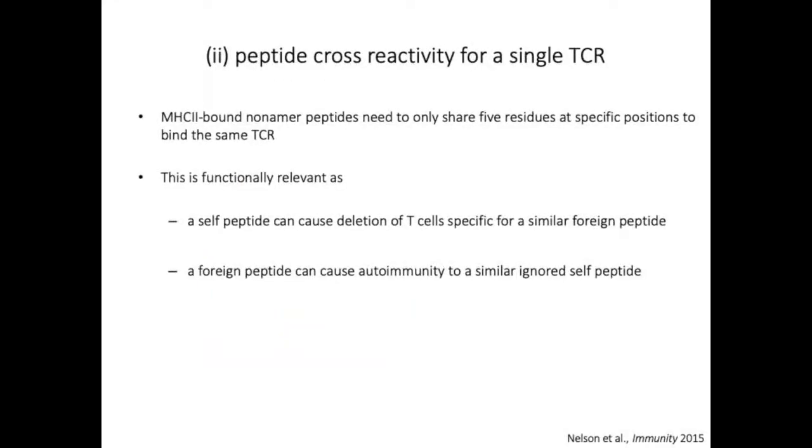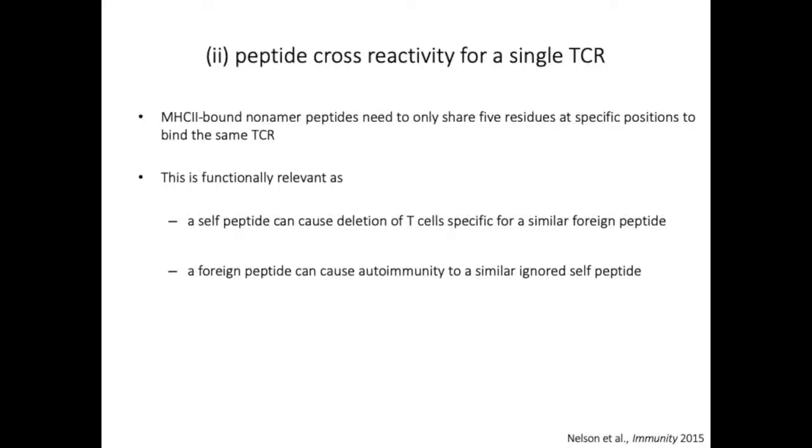The second work I'd like to show here, and I'm close to finishing, is a paper published in 2015 where the authors studied different peptides recognized by the same TCRs, and the functional relevance of that. They showed that having in common 5 amino acids, but not contiguous as was proposed earlier, was sufficient to bind the same TCR.